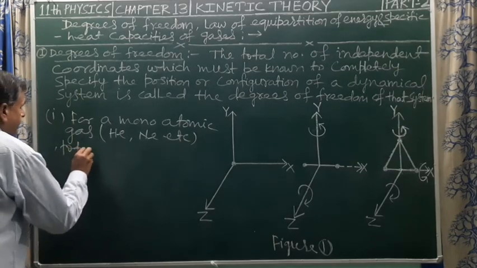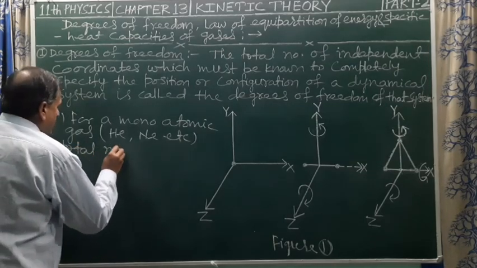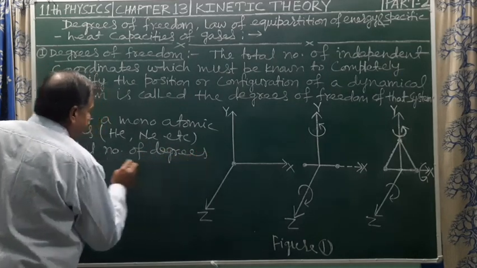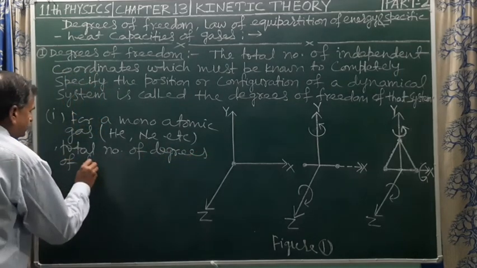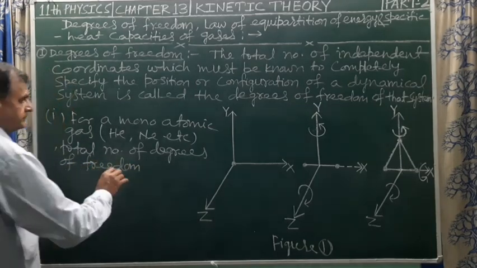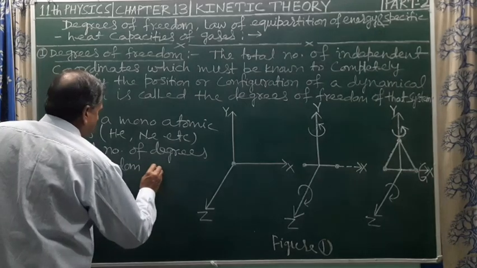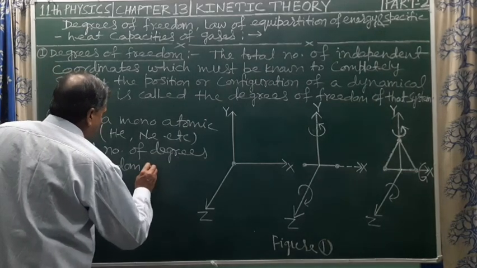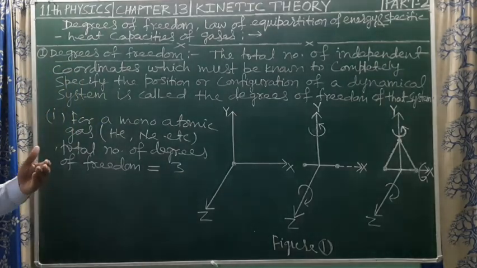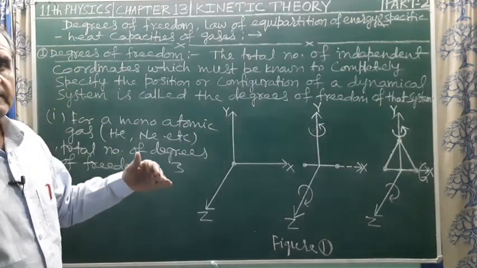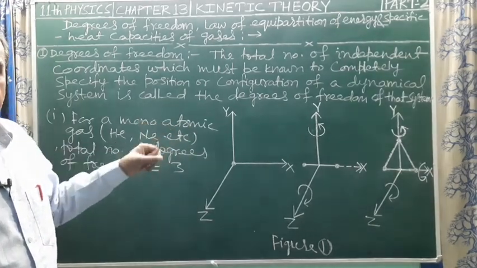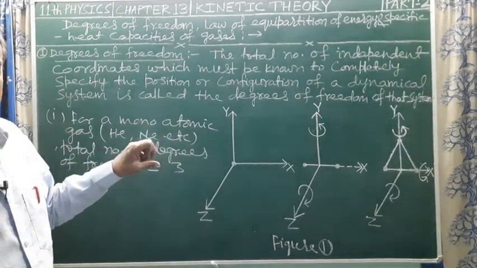Total number of degrees of freedom equals 3, that is three translational coordinates, not rotational in case of a monoatomic gas.